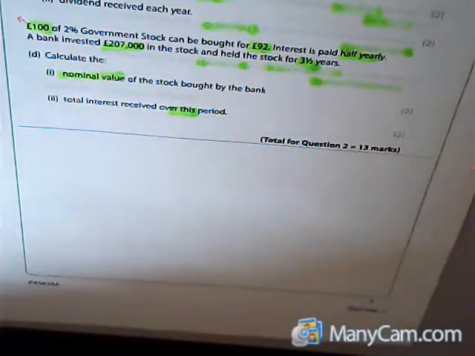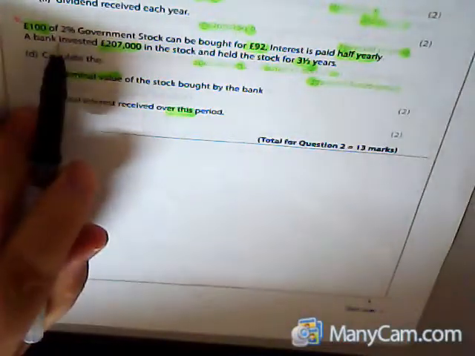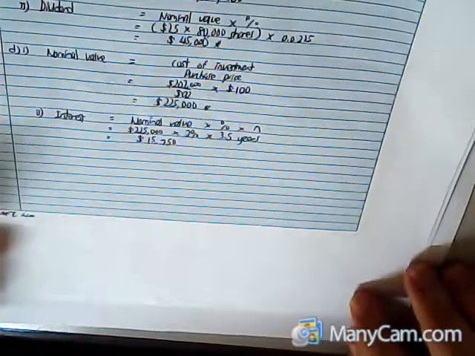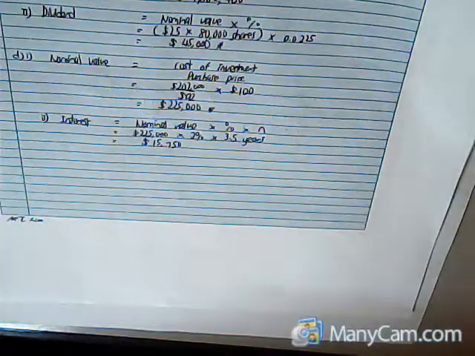The nominal value we got just now is 225,000. And each year we get back from the government 2% per annum. They say 2% here? Yes. So we multiply with 2%. And how many years are we invested? 3.5 years, right? Now we check the answer. If I'm not wrong, we are getting 15,750. Okay. So this part, finish reading.